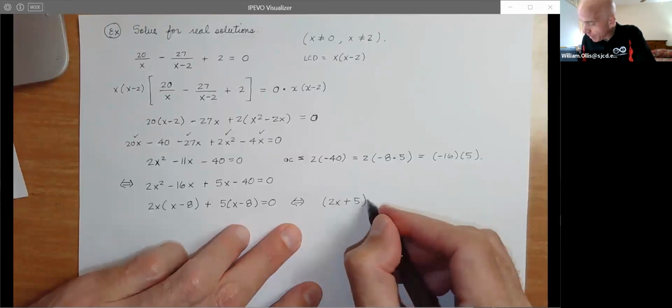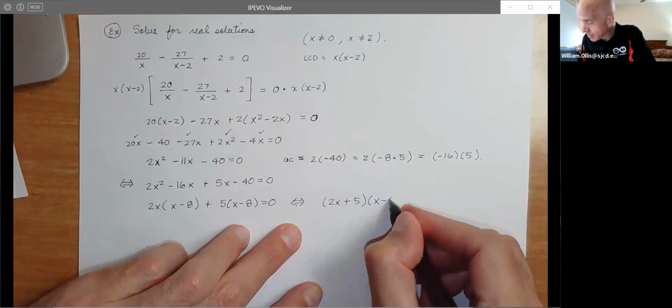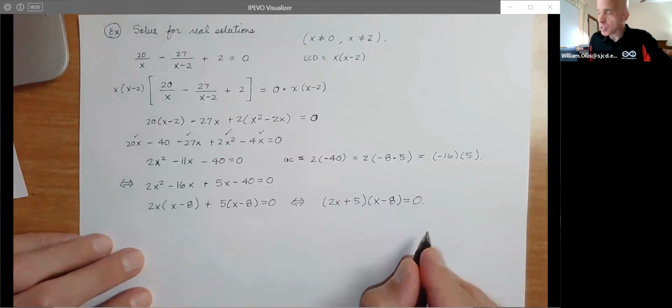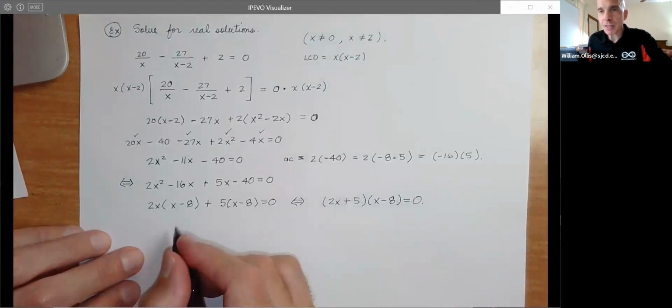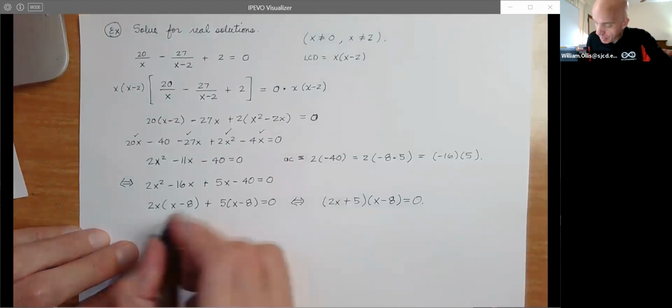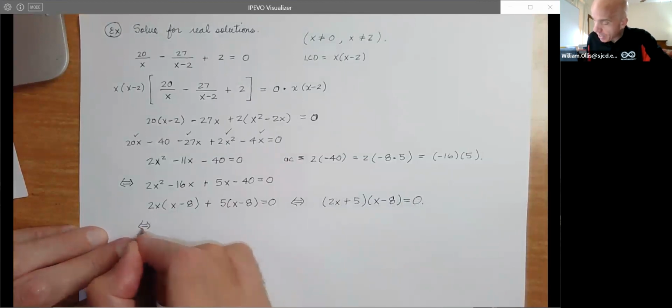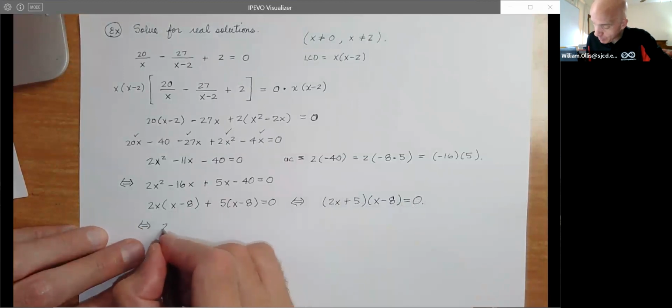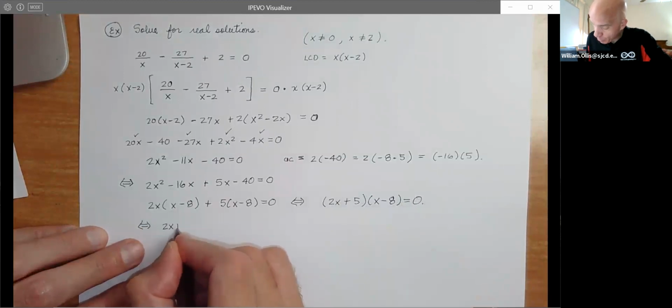So 2x plus 5 times x minus 8 equals 0. So now, using another theorem that I spoke about at the beginning, the zero product, that means we have a product of 2 real expressions equal to 0, so we can set each of the factors equal to 0.